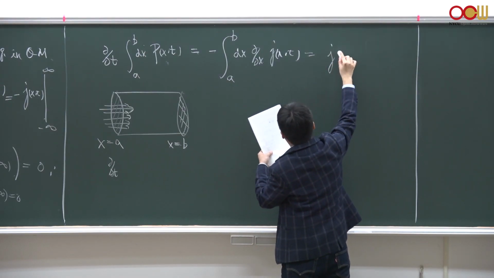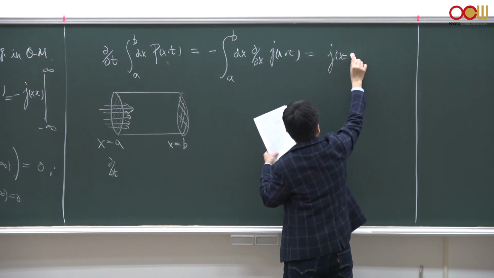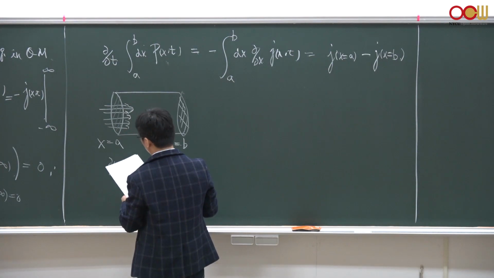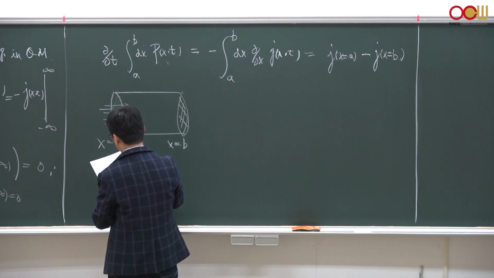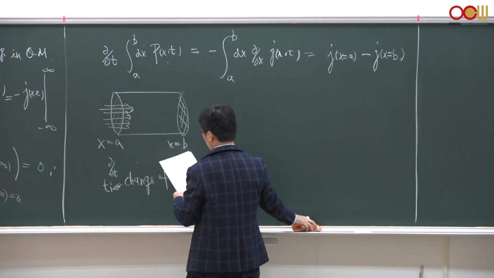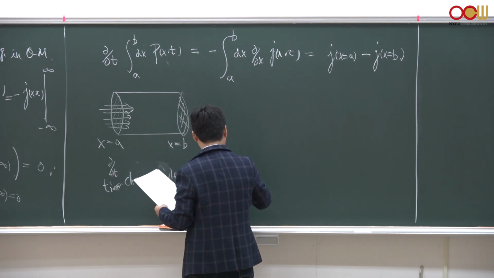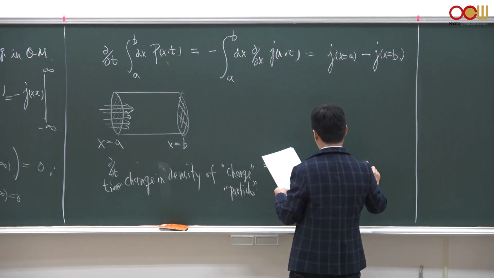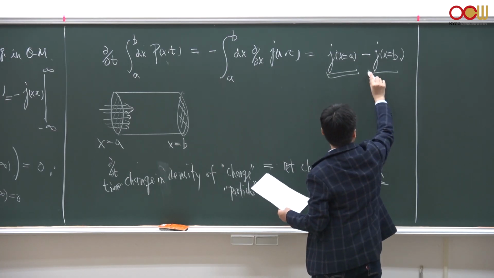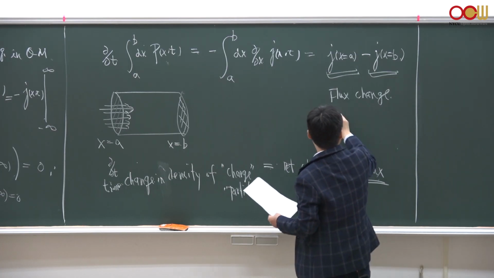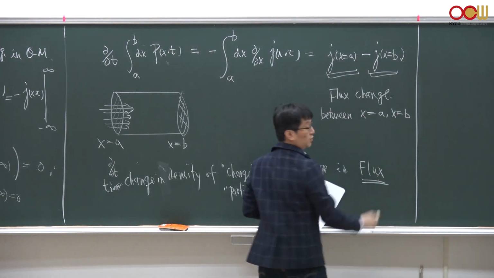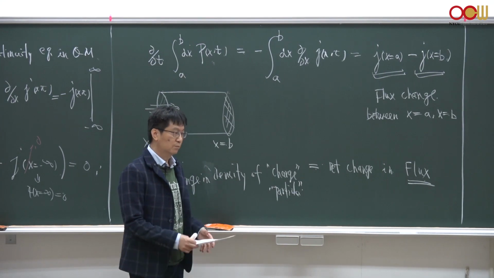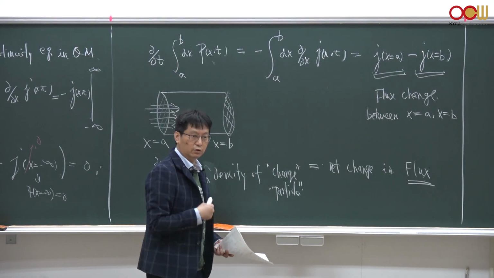which is your probability current evaluated at x equals A, subtracted from j at B. So this means that the time change in the density of your particle or charge is given by the net change in your flux. This is your flux change between these two positions, x equals A and B. So remember, j refers to this probability current, or some kind of flow or flux.